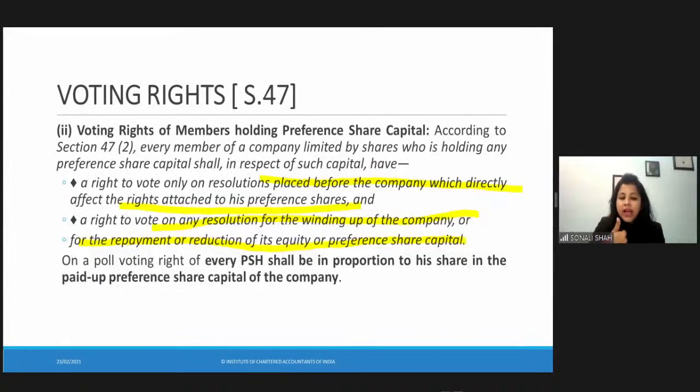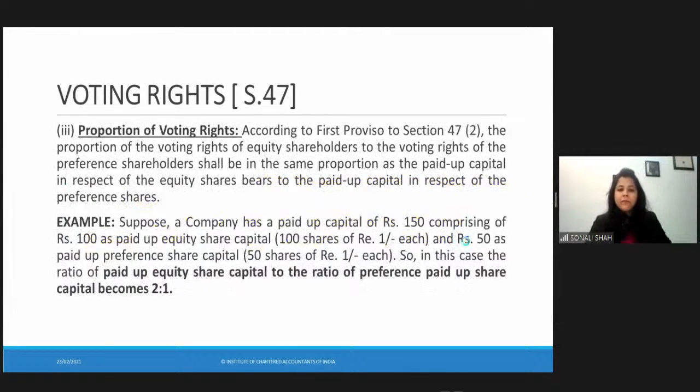First, where a resolution is placed before the company which directly affects the rights attached to preference shares. Secondly, where the resolution has been placed for the winding up of the company or for the repayment or reduction in the equity or preference share capital. In those two cases, the preference shareholder has a right to vote, and in case of poll also, his voting right will be in proportion to his share in the paid up preference share capital of the company.